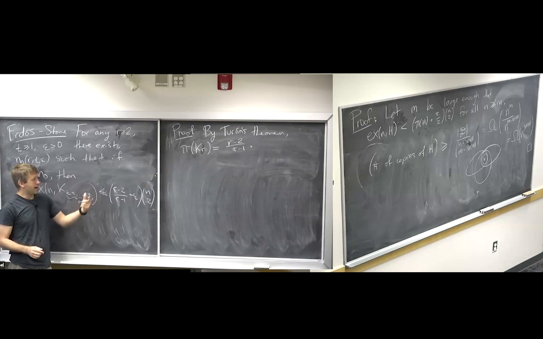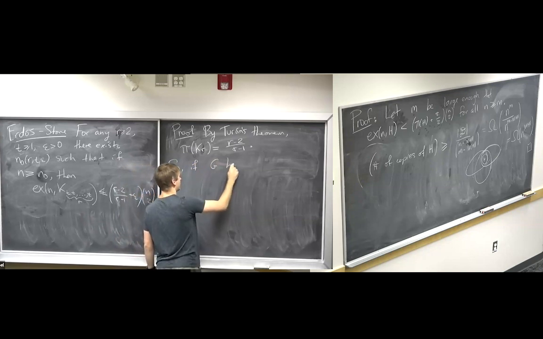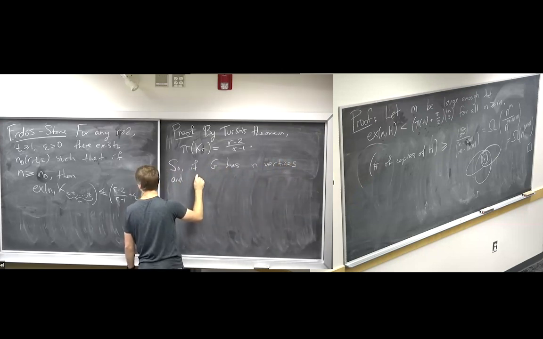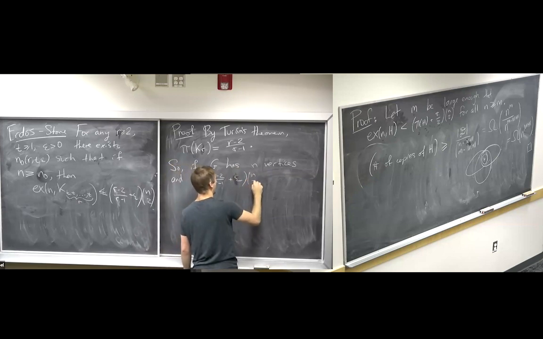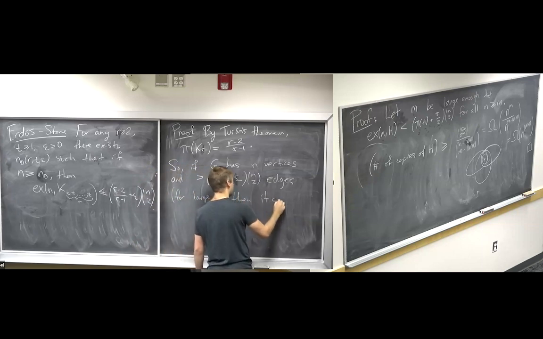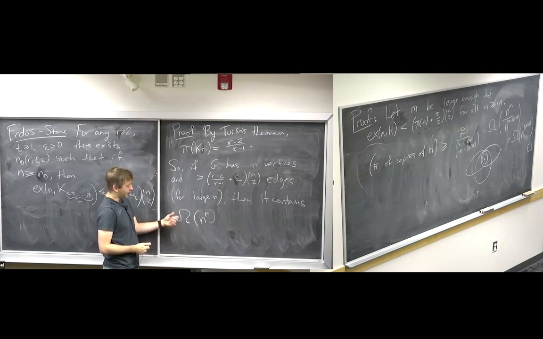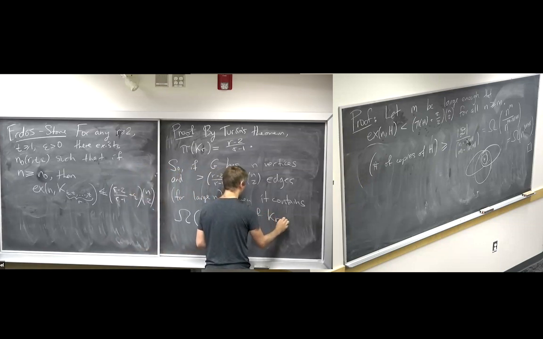So if we combine this with this supersaturation theorem, if G has n vertices and more than ((r−2)/(r−1) + epsilon) times n choose 2 edges, for large n, then it contains a constant multiple of n^r copies of K_r.